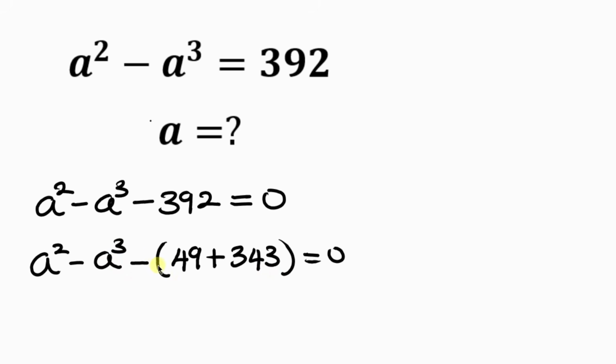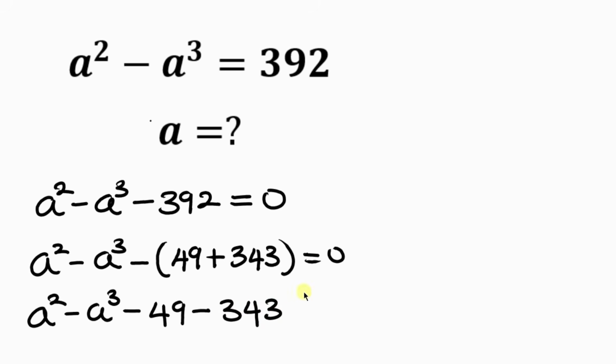Now let's open up the parentheses. So we have a squared minus a cubed. Now using this negative to open up the parentheses, we have minus 49. Now minus times plus is minus 343. And this is equal to 0.